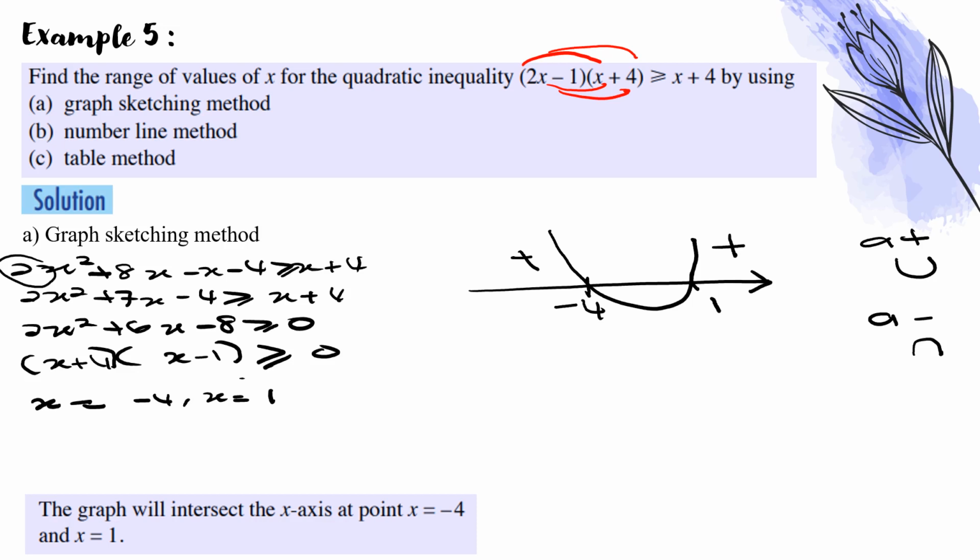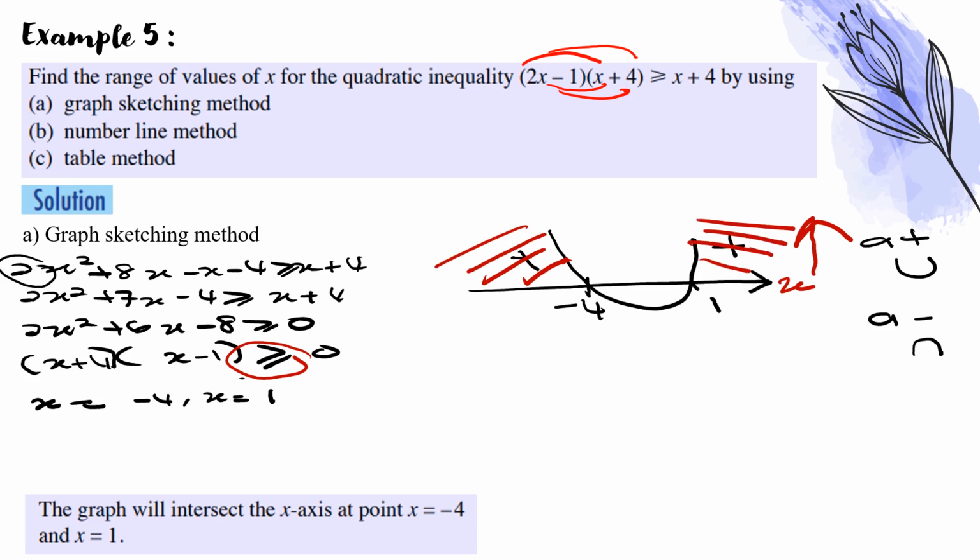Here you see that the inequality is more than 0, right? So more than 0, you should consider the graph above the x-axis. So you have to consider this region, the positive one.